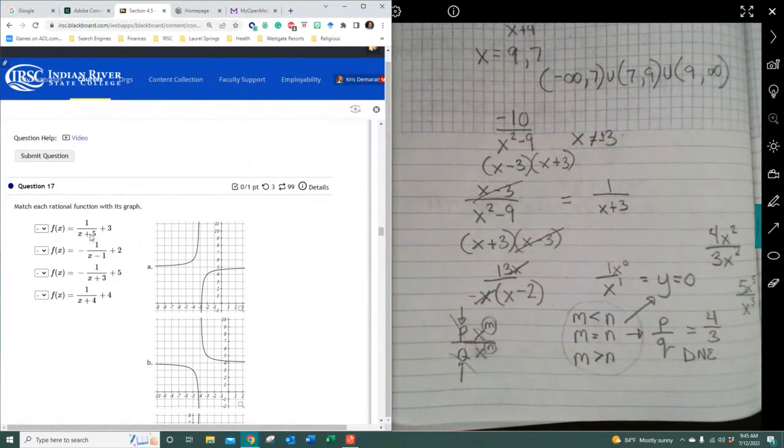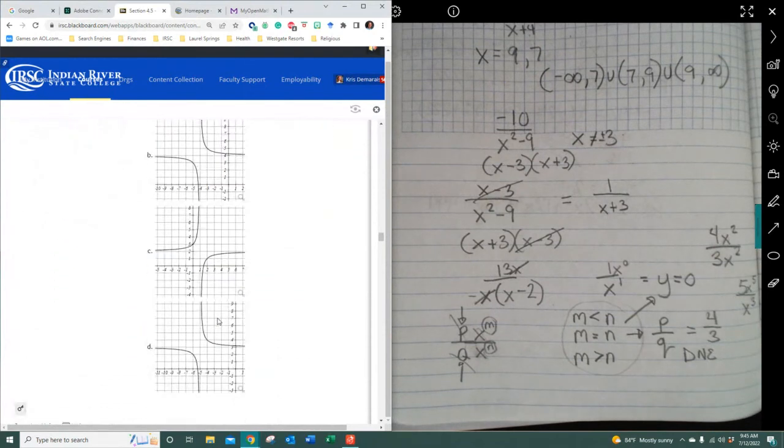This is moving 5 units to the left, 3 units up. This is being inverted over the, I say inverted like it's such a thing, but it's being reflected. That's the word I'm looking for. Reflected over the x-axis, being moved to the right 1 unit and up 2 units.